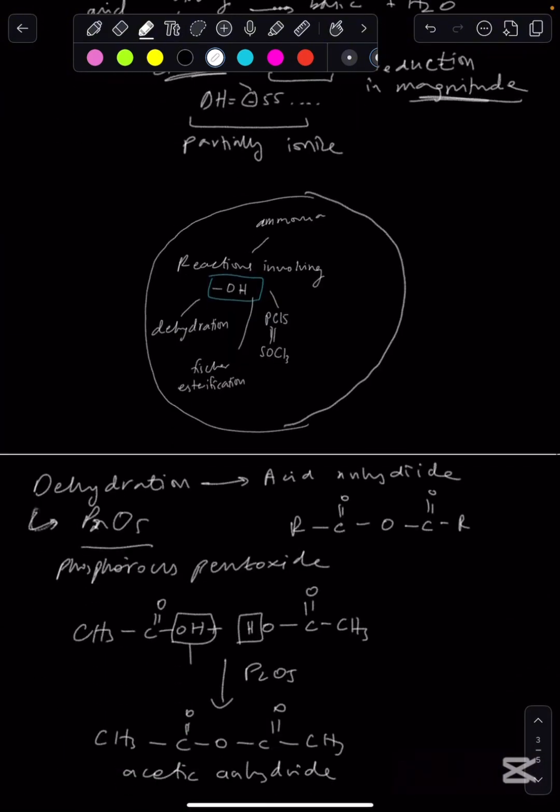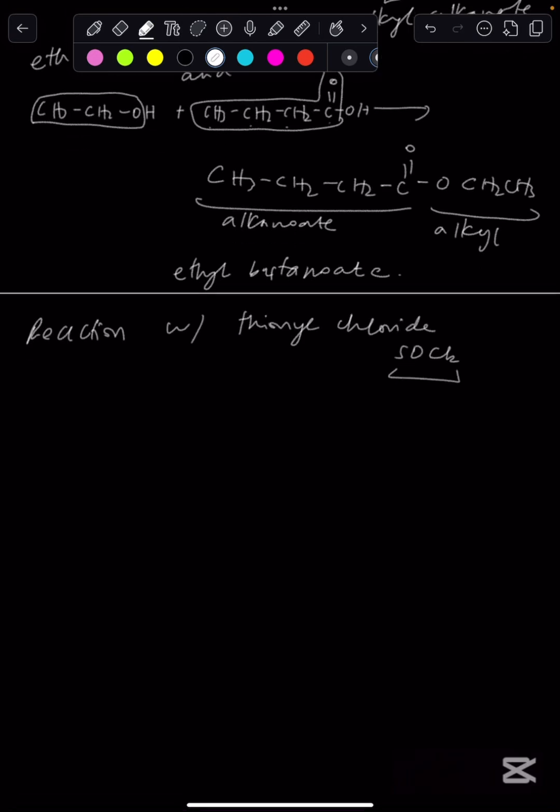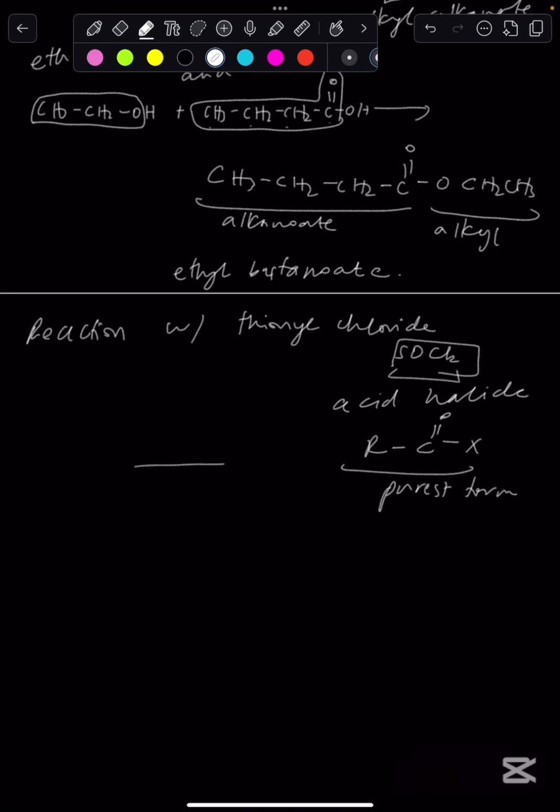So now moving on, we may see the reaction with thionyl chloride, which is SOCl2. This will produce an acid halide, which is like this, and this is going to be in the purest form. The reactant then reacts in the presence of pyridine, which looks like this.